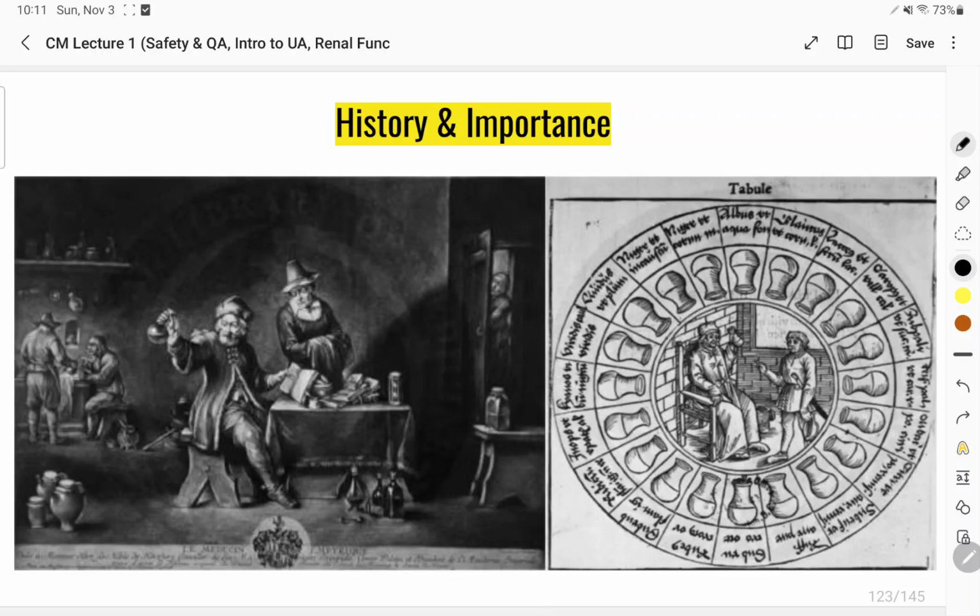And also in the 17th century, the microscope was discovered or invented. So that also led to the examination of the microscopic elements found in the urine. And also Thomas Addis developed a method to quantitate microscopic sediments.